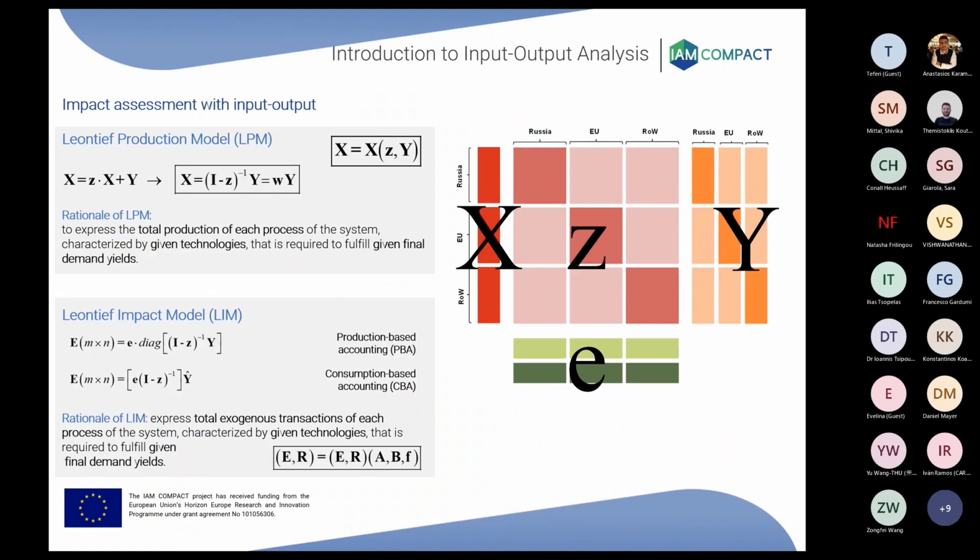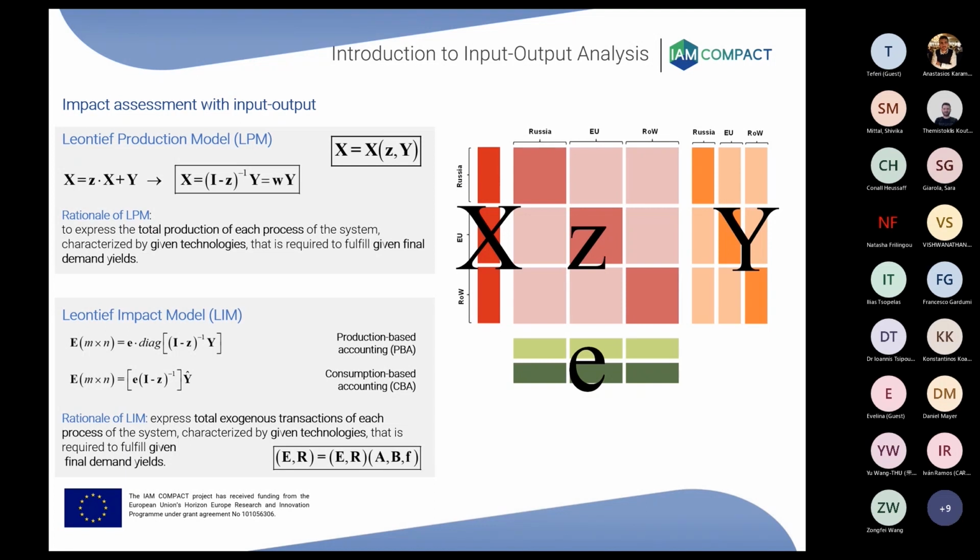And what are input-output models? Essentially, these models start from the empirical data that I introduced in the previous slides, by defining the so-called technology matrix, the technical coefficients that characterize how each technology within each region demands inputs of products coming from other sectors and other regions in order to provide one unit of its output.